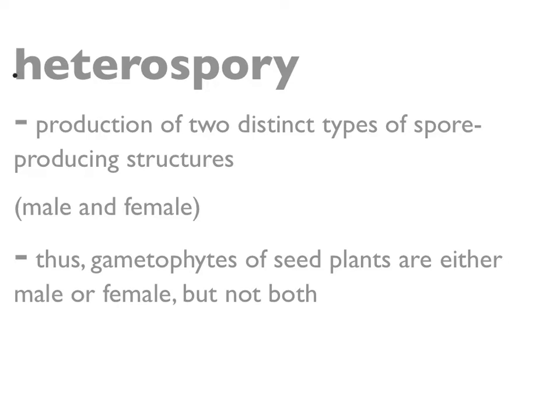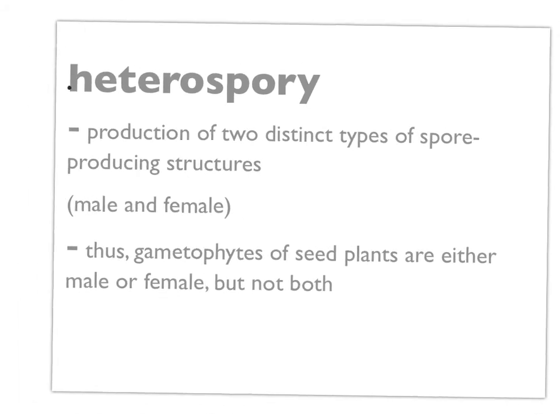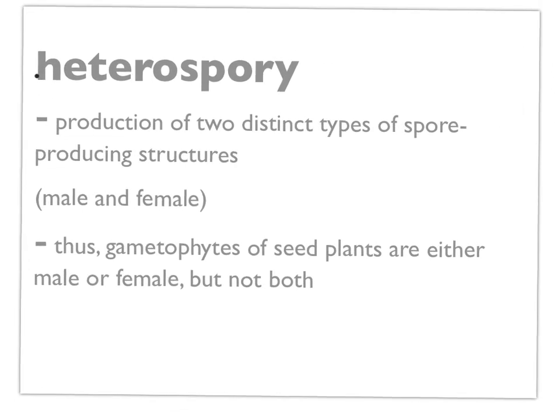So heterospory, production of two distinct types of spore-producing structures, male and female. For seed plants, like gymnosperms, ginkgophytes, angiosperms, so gymnosperms are pines and cedars and things like that.